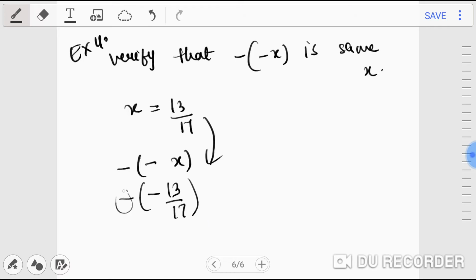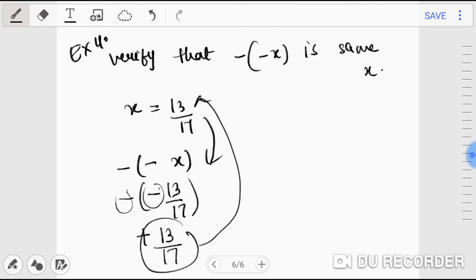And you know very well that minus and minus makes plus. So that is plus 13 upon 17. That is exactly same as x. So can I write minus minus x will be equal to x? Yes, you can write this.